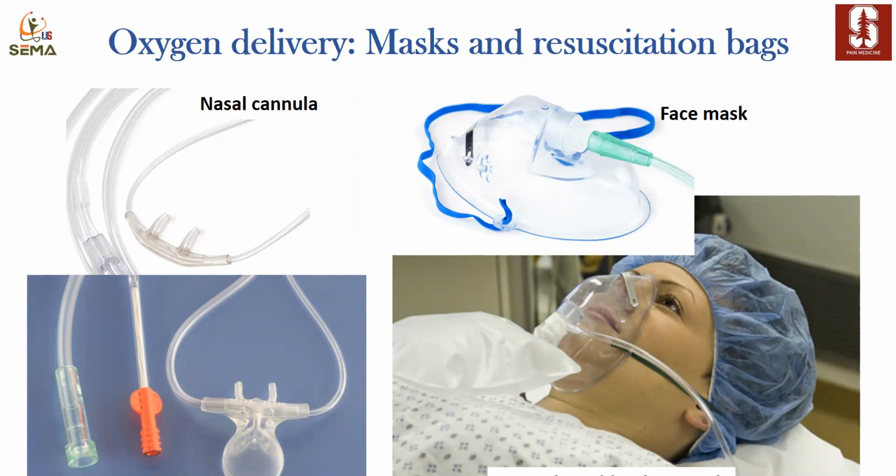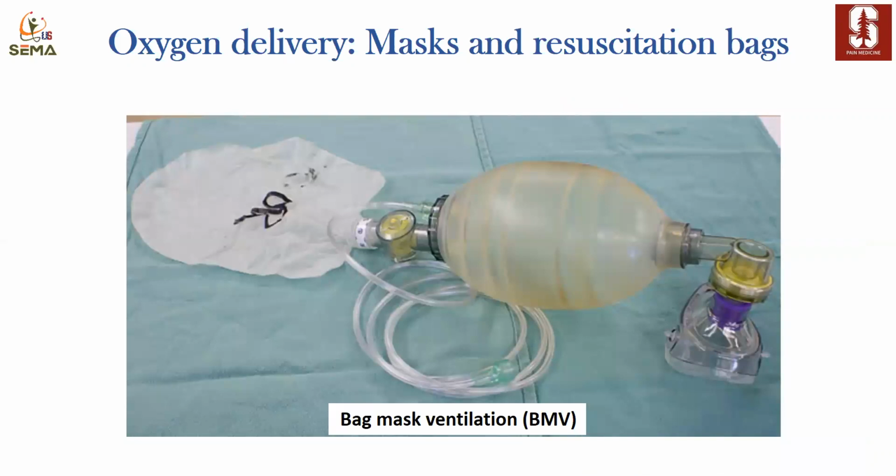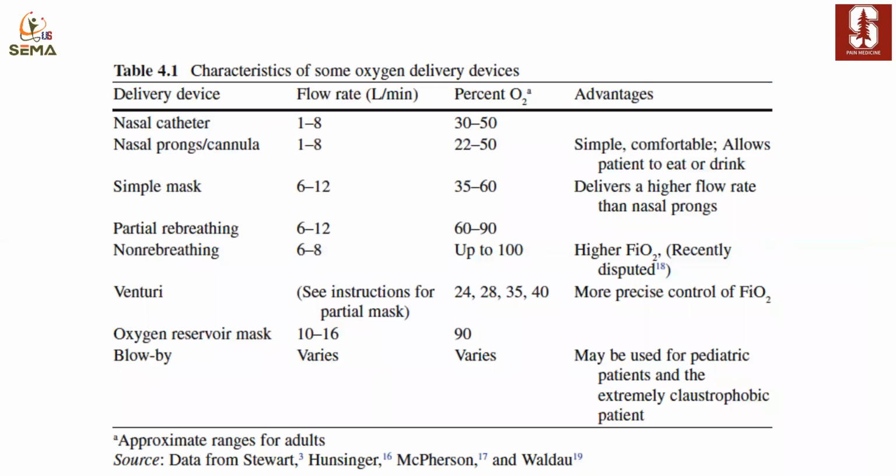So this is, of course, the nasal cannula. This is a nasal cannula with capnography. And this is a simple face mask. This is actually a partial non-rebreathable face mask because it has an oxygen reservoir. If it's without oxygen flow, then that's a non-rebreathable face mask. And then this is the bag mask ventilation, or BMV.